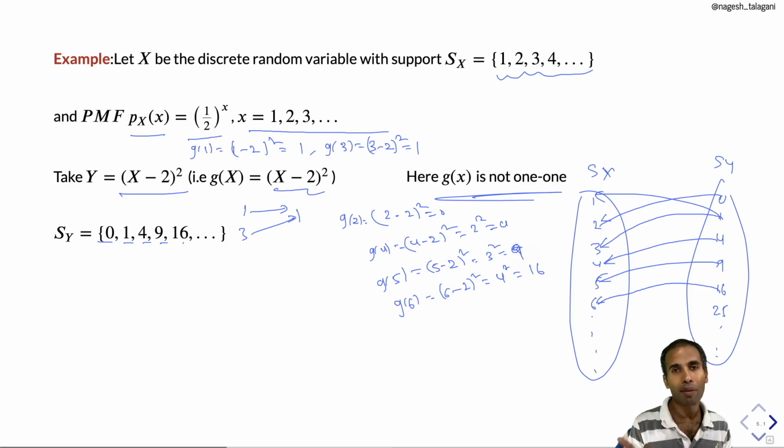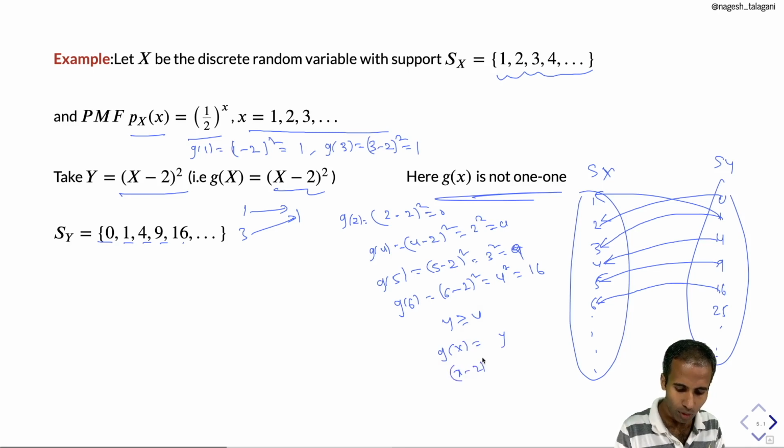Only one will have two preimages. Fine. Now in general, for any y bigger than or equal to 4, the preimage is this. g of x equal to y means x minus 2 whole square equal to y, that is x minus 2 equal to root y, that is x equal to root y plus 2. That is a single preimage, which is g inverse of y.